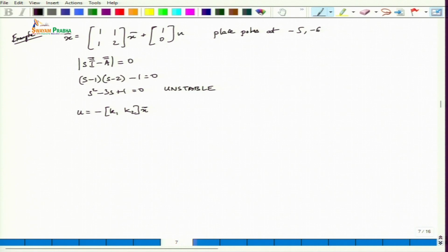So first, as you can see here, we are going to take ACL, we are going to get A minus BK.